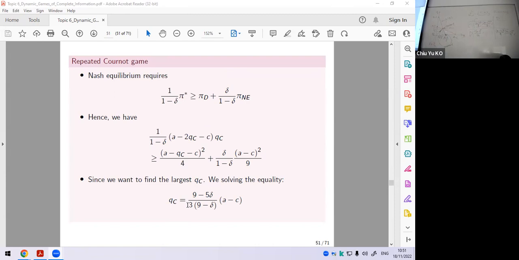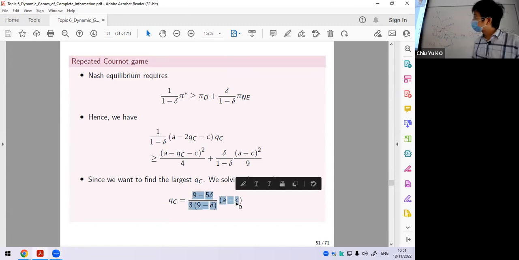Okay, and as we can check, there's some algebra. I'm not going to go into the detail, but the graph is like this. So this turns out to be this expression. What does this expression tell us?